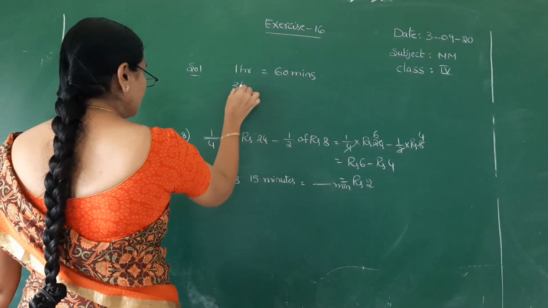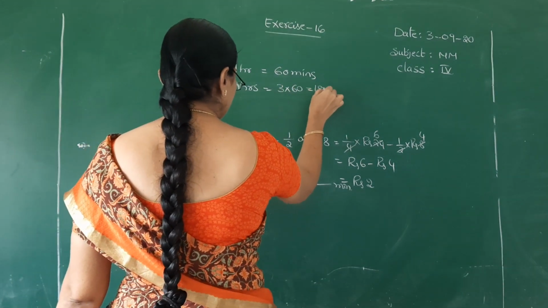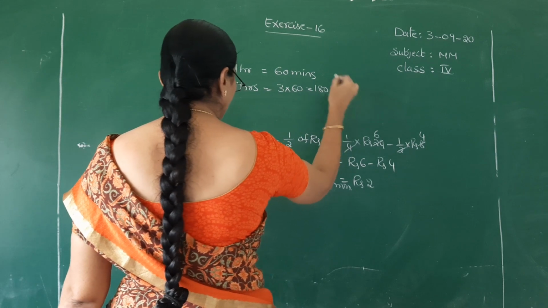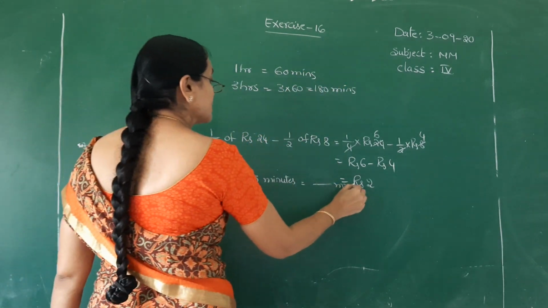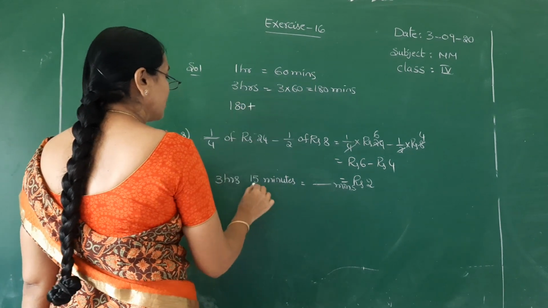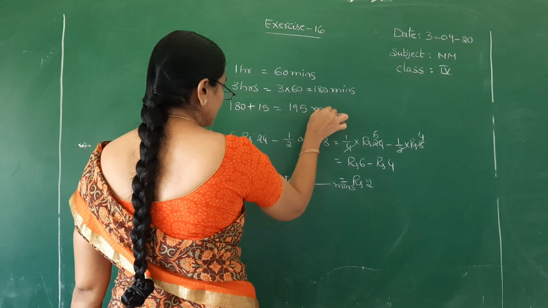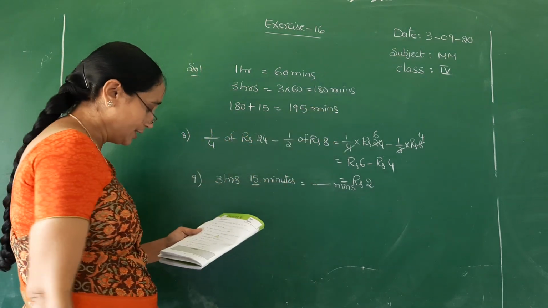For 3 hours, how many minutes? 3 into 60, that is 180 minutes. Why are you converting here into minutes? Because the question asks in minutes. See, 180 minutes plus the remaining 15 minutes. That is 195 minutes.